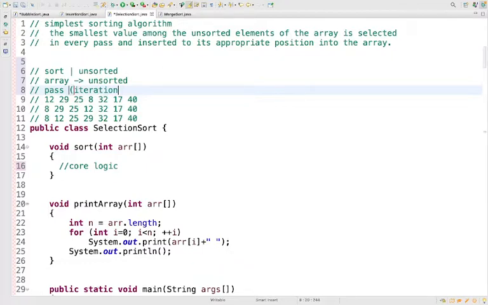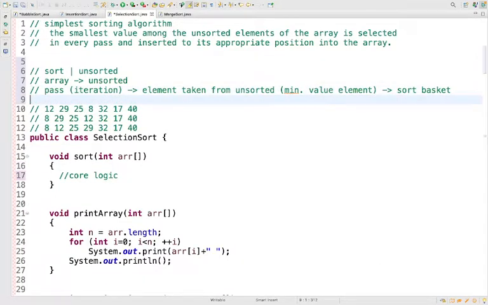At every cycle of pass, an element will be taken from the unsorted part, which will be the minimum-value element in this particular algorithm, and we will put this in the sorted basket. So that's how it will work.